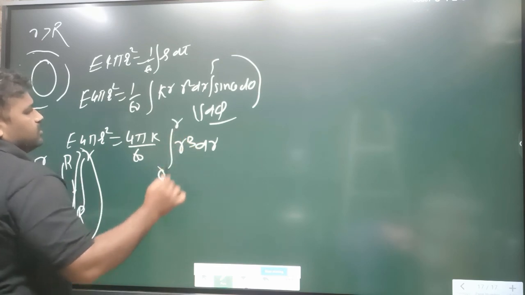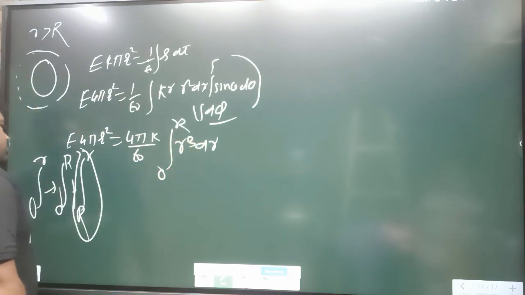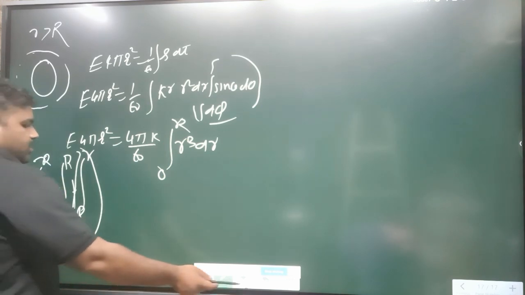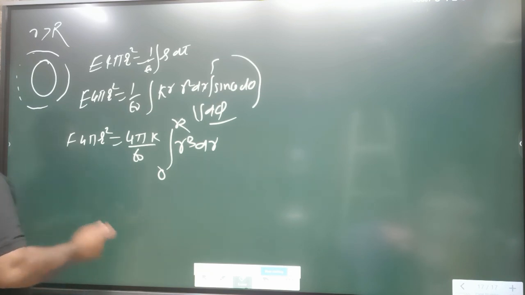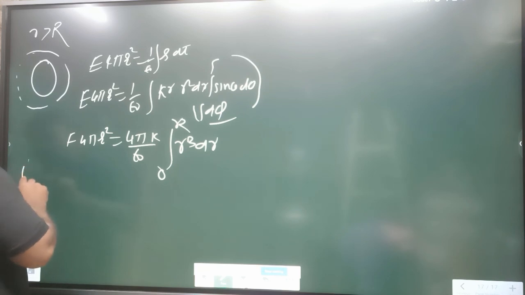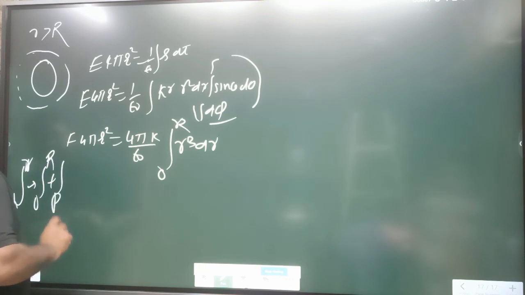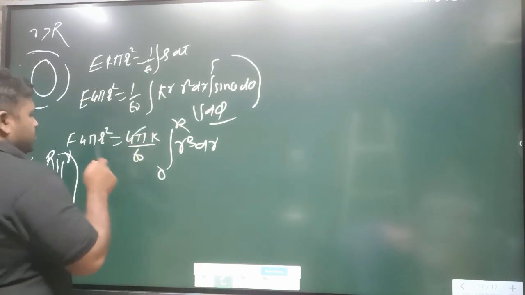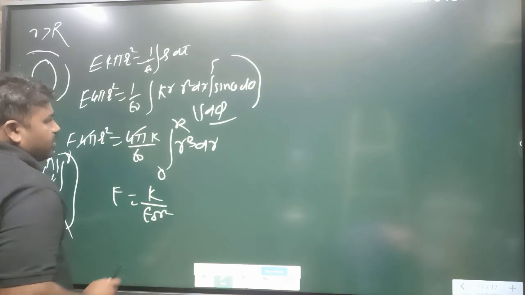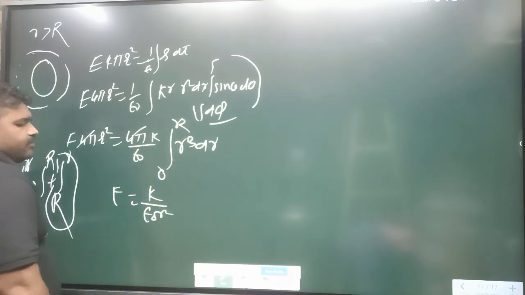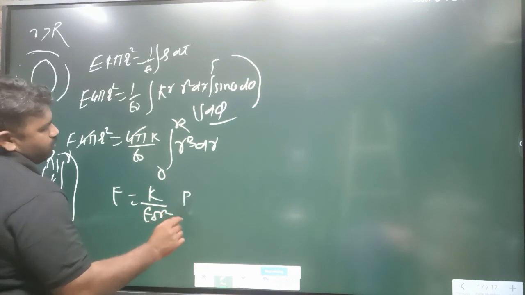Simply we can take 0 to capital R. So E is k upon epsilon naught r square, the integration of r to the power 3 gives capital R raised to 4 by 4.